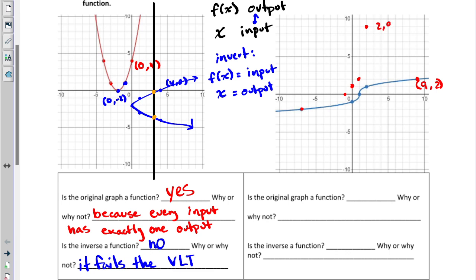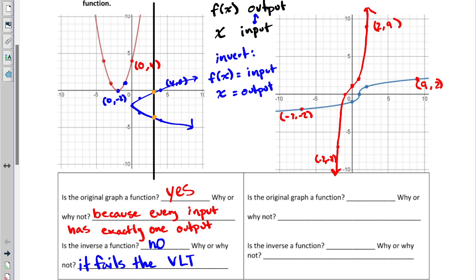So that's my inverted point, 2, comma 9. And then this one's at negative 7, negative 2. That means I need to put a point at negative 2, negative 7. And now my inverted function is the function that goes through these dots, like so.